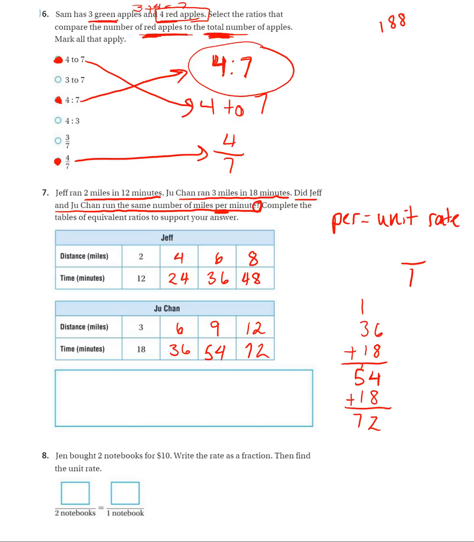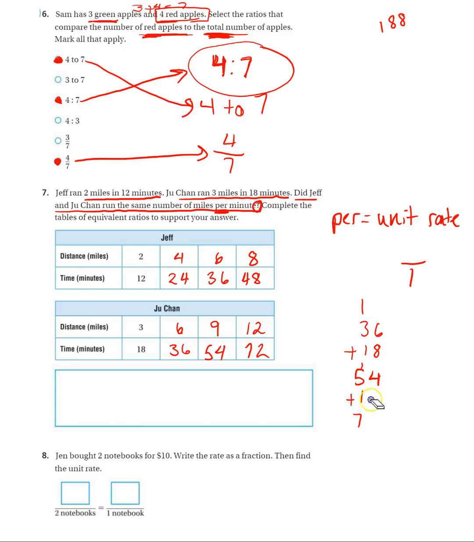Okay, so now I got to ask the question, did they run the same number of miles per minute? Now, this one is a little tricky because it's actually going to be much easier for me to get the unit on top, which is rare, and I don't really love the way they do this, especially when you're first introducing unit rate.